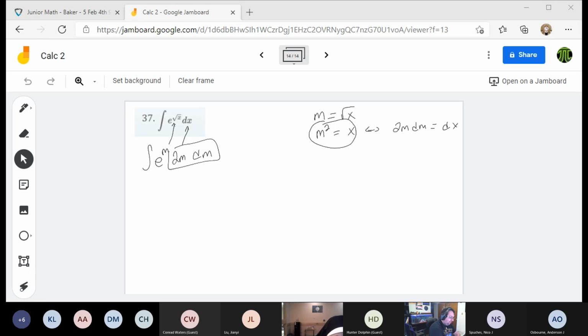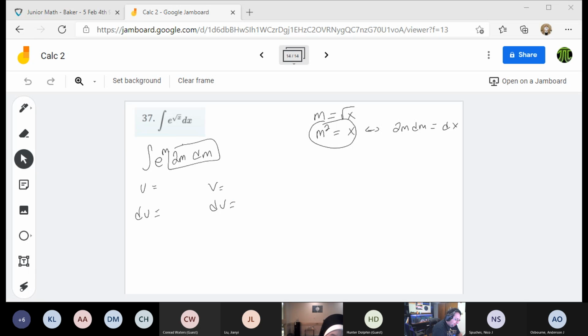The nice thing now, since we did that, is we have two pieces and we can do my integration by parts. So I have my u, du, and my v, dv.